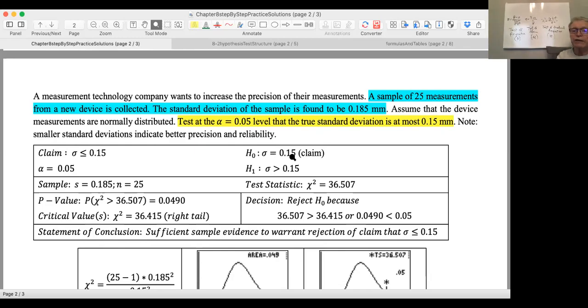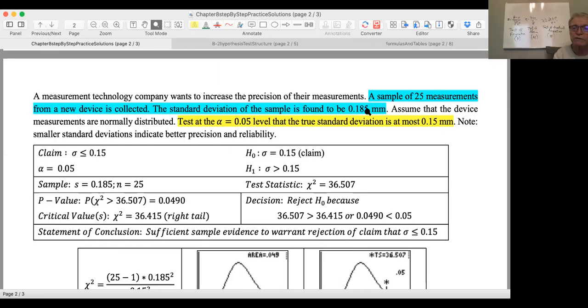And we also need to know the sample standard deviation and the sample size N, and I've highlighted again the information about the sample and the calculations. We have a sample of 25 measurements, so we have N, and the standard deviation of the sample is 0.185, so we have the standard deviation.